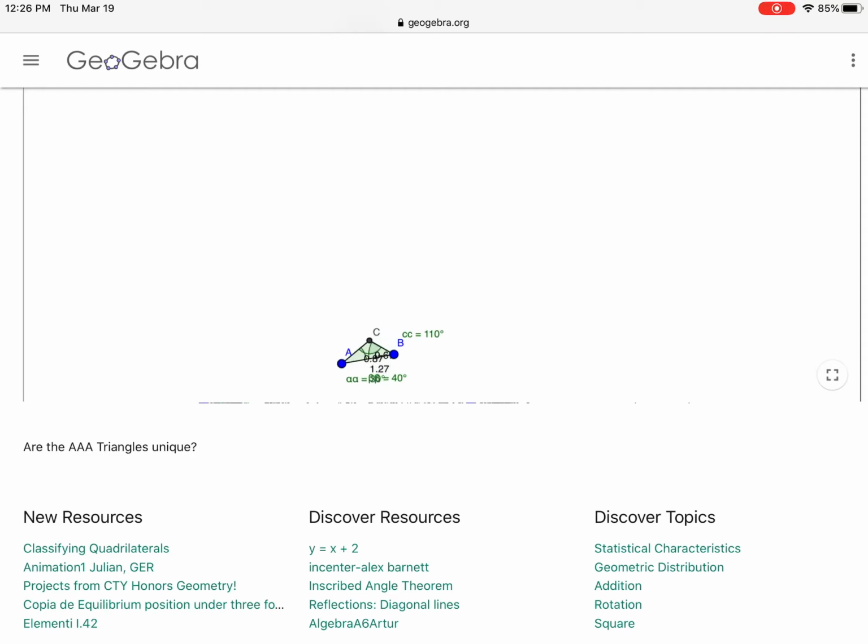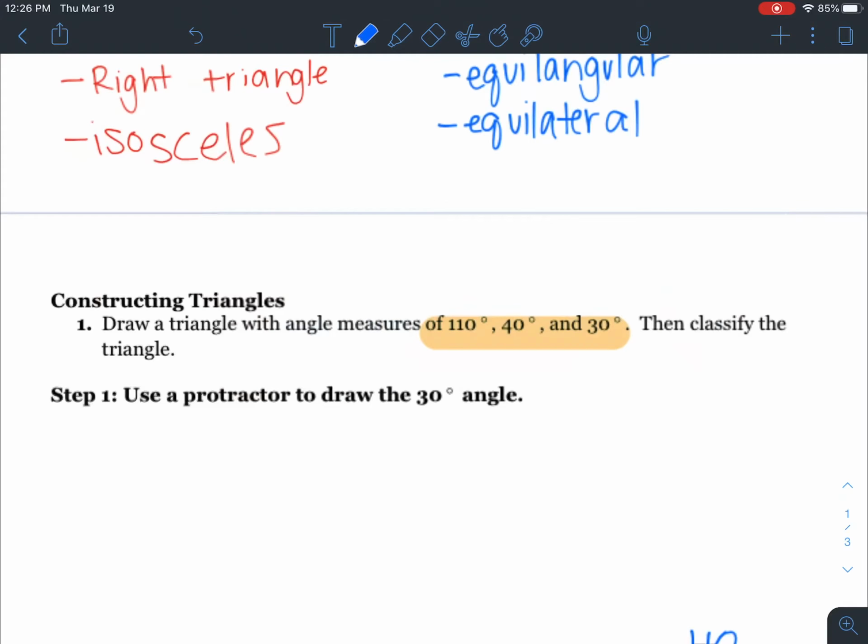I can make that a teeny tiny triangle. It still has angles of 110, 40, and 30. Or we could make it bigger like it was to begin with. I'm not messing with it. And it could be also 110, 40, and 30.